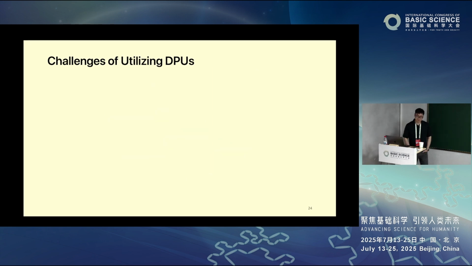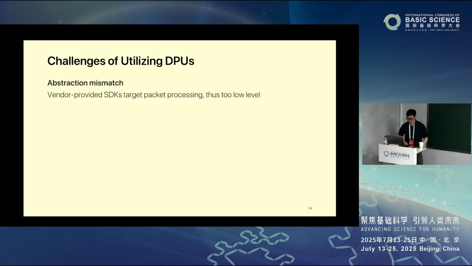Okay, I just talked about these good things about DPUs, but it turns out that using DPUs for data processing is actually pretty challenging. The first challenge is the abstraction mismatch. It means that the hardware-provided SDKs, software development kits, target low-level packet processing.